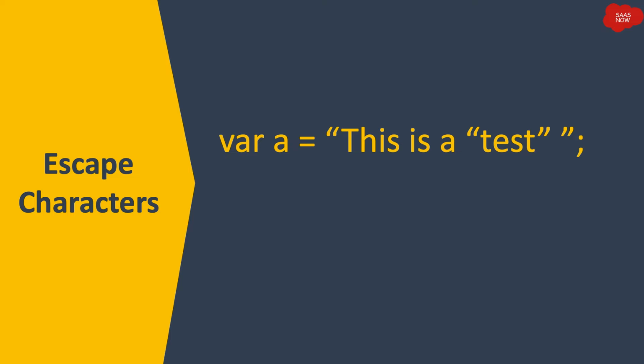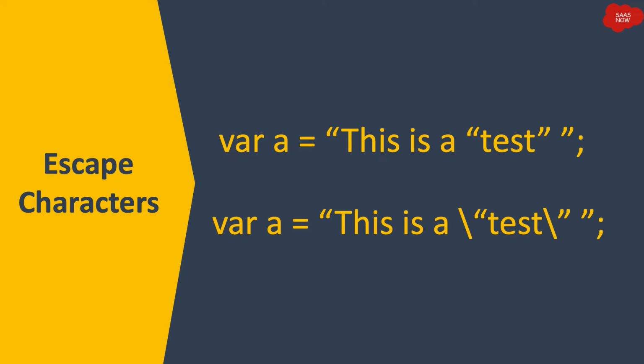In this case, test is surrounded with quotes. However, this code will return an error. So in order to use this without giving an error, you have to add a backslash character before the special character every time to be interpreted as a value.